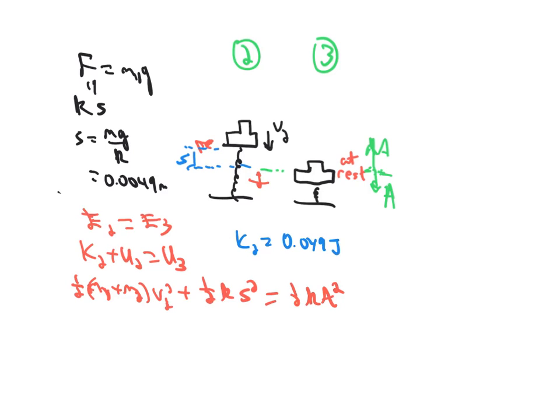If you do that, you end up getting that the amplitude is 2.27 times 10 to the minus 2 meters, which is 0.0227 meters, or 2.27 centimeters, which is certainly not unreasonable. Drops about an inch. Yeah, if you drop that much turkey on a thing, you might get about an inch.